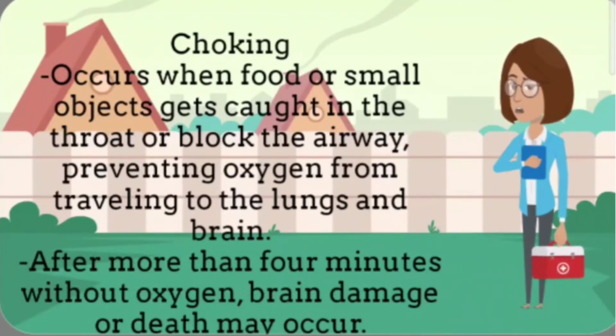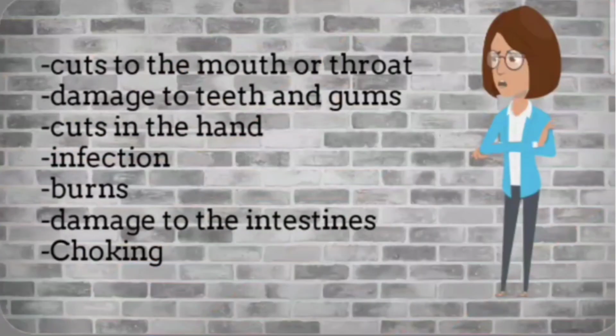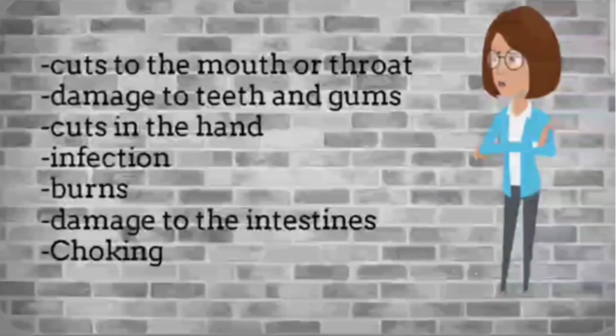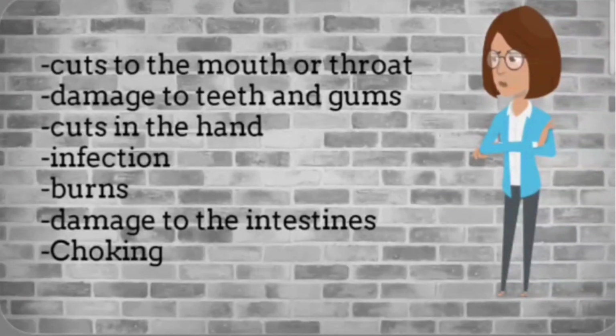After more than 4 minutes without oxygen, brain damage or death may occur. The following are examples of injuries as a result of physical hazard: cuts to the mouth or throat, damage to teeth and gums, cuts in the hand, infection, burns, damage to the intestines, and choking.